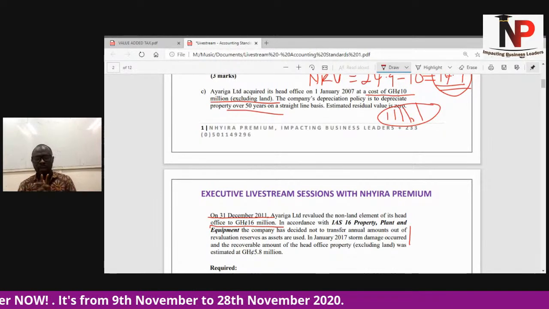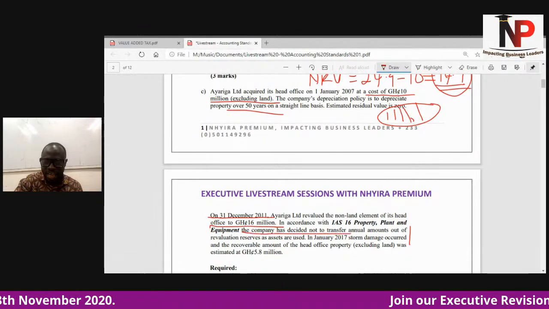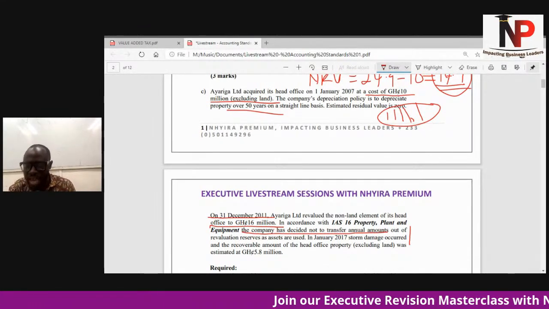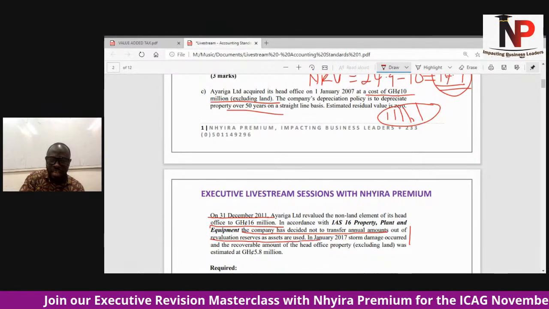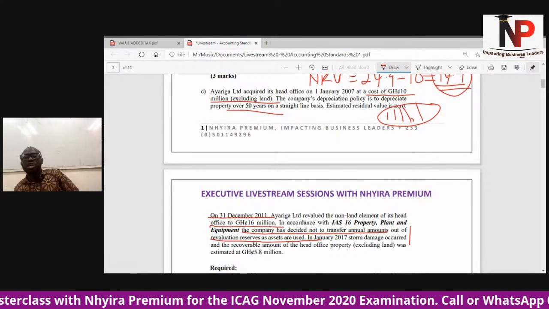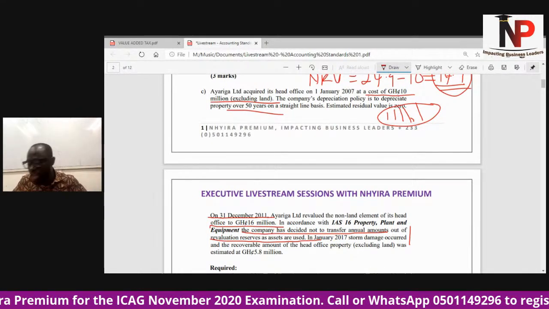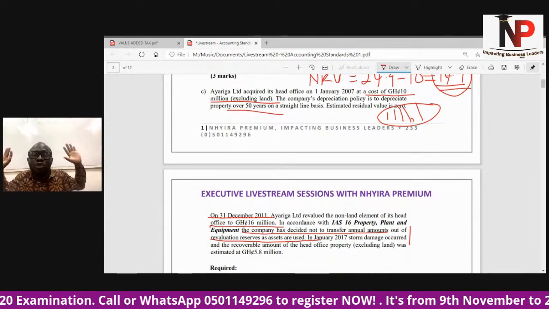the assets. But in this question, we are told that the company has decided not to transfer annual amounts out of revaluation reserves as assets are used. So they don't want to do the annual transfer. They don't want to make the transfer from the revaluation surplus account to the retained earnings. So we will also not do it.